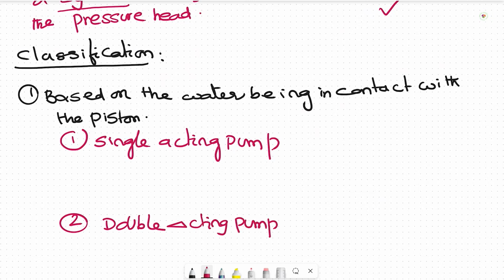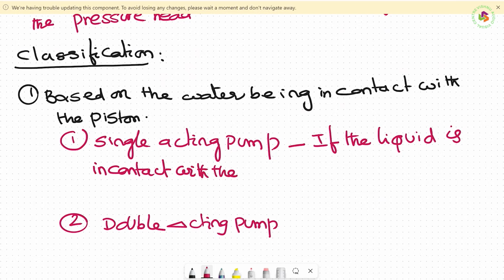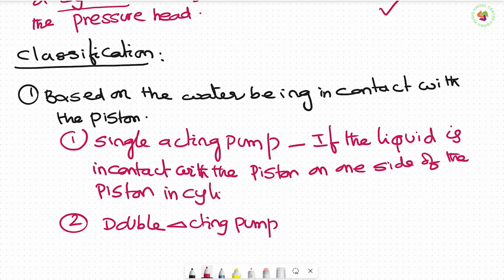What do you mean by single acting pump? If the liquid is in contact with the piston on one side of the piston in the cylinder.